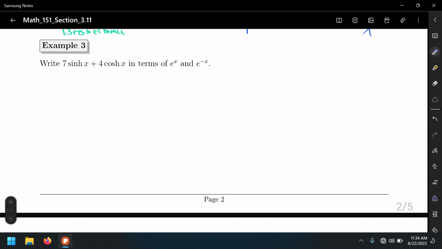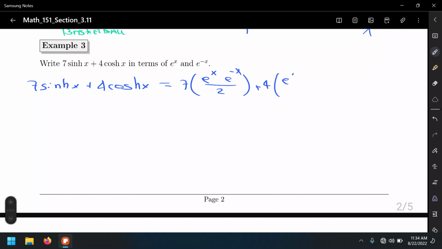So let's go ahead and, okay, 7 sinh x plus 4 cosh x. All we have to do is simply replace sinh with whatever its definition is and cosh with whatever its definition is. So 7 times (e to the x minus e to the negative x) over 2, plus 4 times (e to the x plus e to the negative x) over 2.